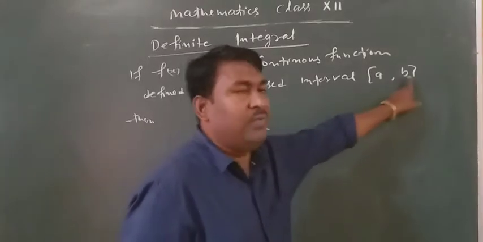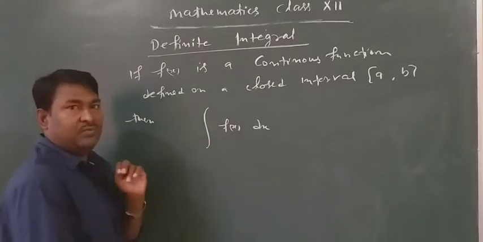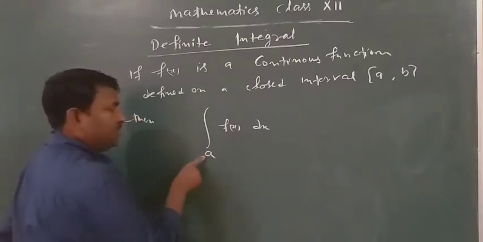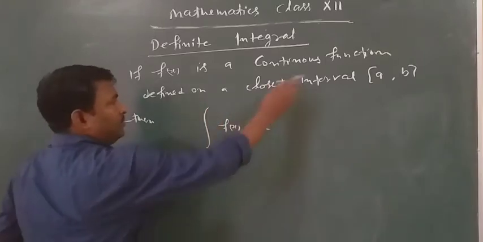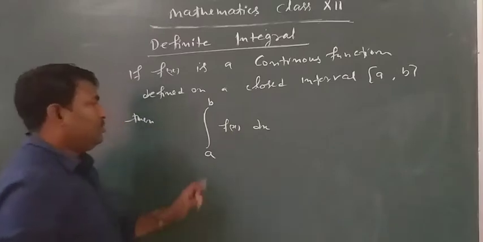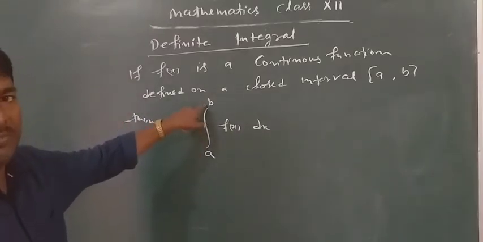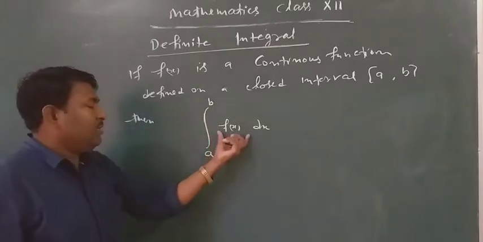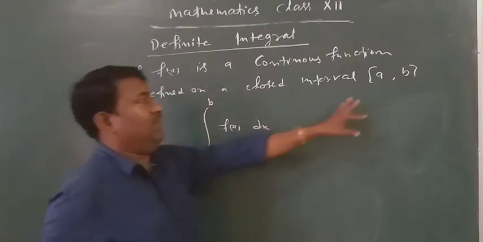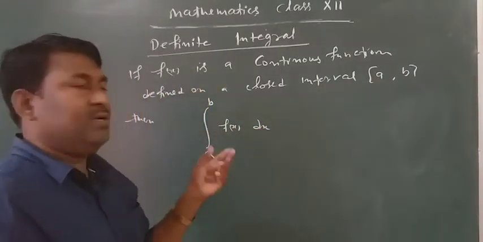within this closed interval, in which the function is defined and continuous, the lower part is written downward and the upper part is written here. So this is called the lower limit and this is called the upper limit. This integral within the interval is said to be a definite integral.